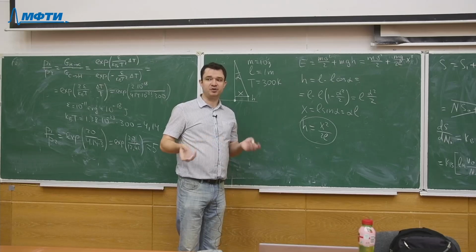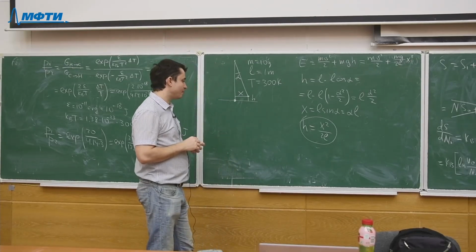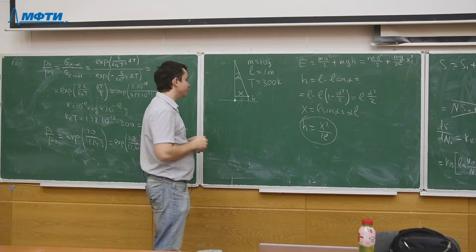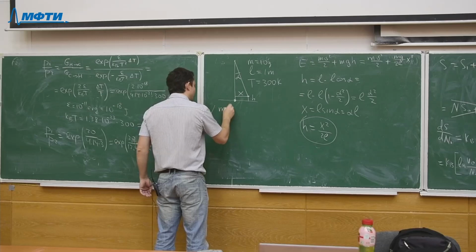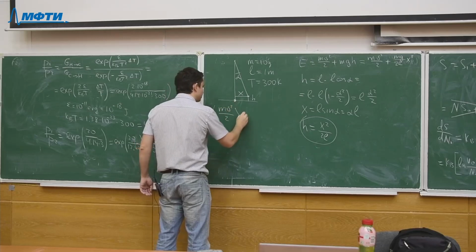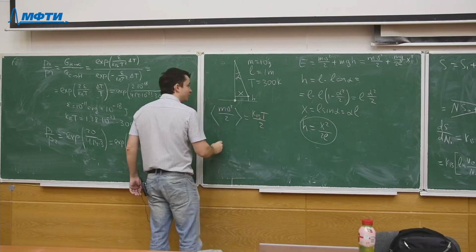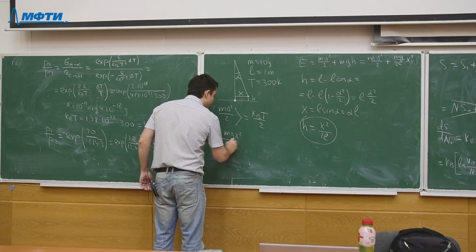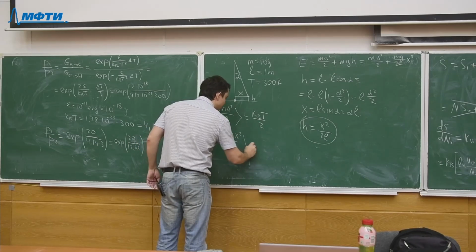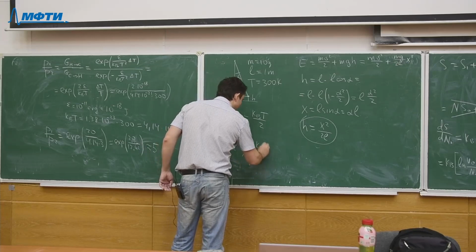So if I apply the Equipartition Theorem, for these terms, mv squared over 2 average equals kBT over 2. And for the second term, mgx squared over 2L should also be equal to kBT over 2.